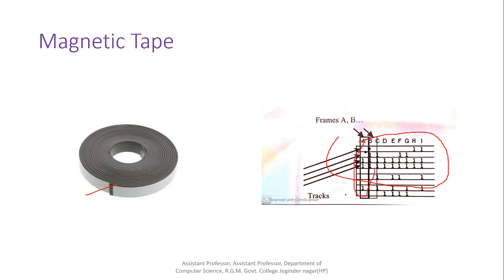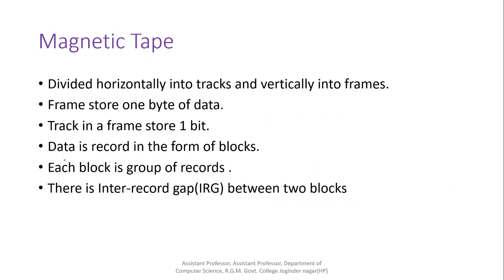Like frame A stores data, frame B also stores data, and the complete data stored in one frame is called a record. Data is recorded in the form of blocks in magnetic tape, and each block is a group of records. There is an inter record gap between two blocks.